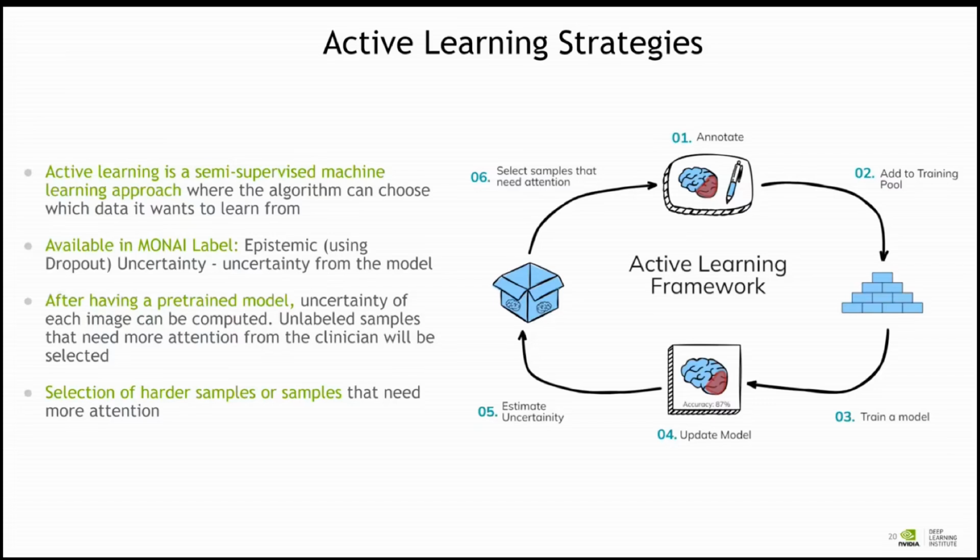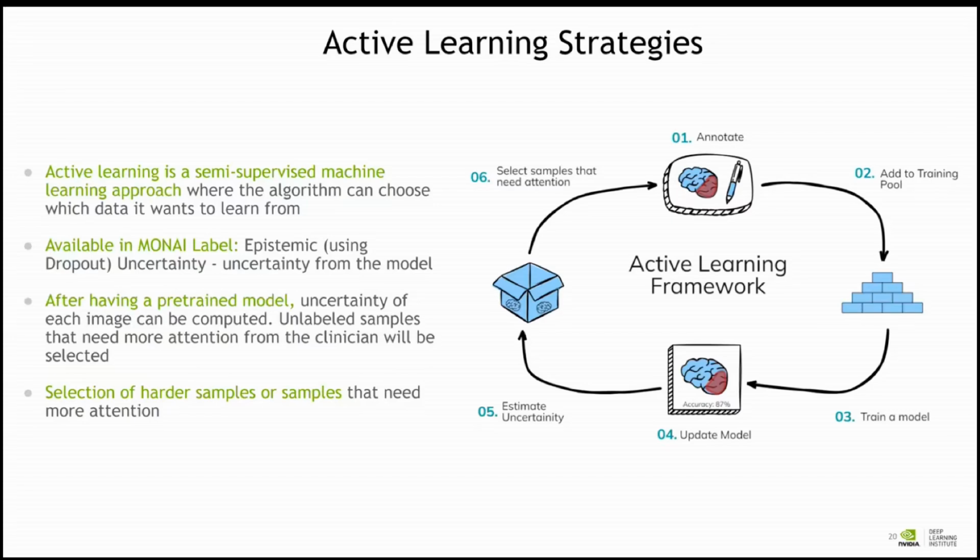The most basic one is, you have a model, let's say you train a basic one with a small number of images, and you make the model select one of the images from the unlabeled pool, right? So you annotate the images, train a model. Once you have a model, you make the model select one of the unlabeled images.